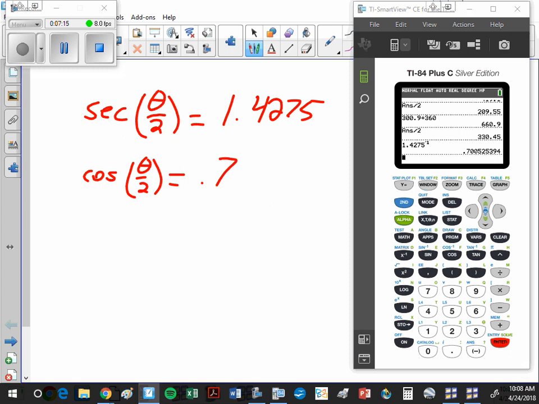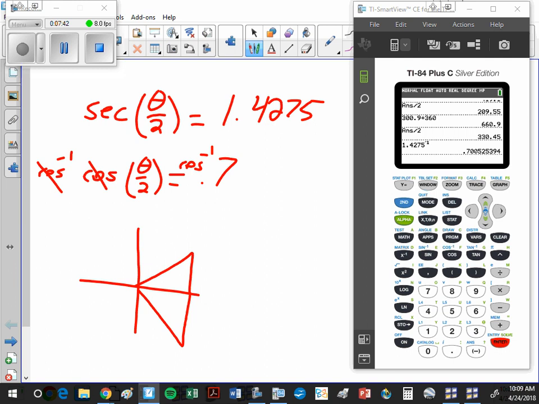Okay? So, where does the cosine equal positive? We will eventually, but last time I did it that way, and I think I confused you guys. So, we're in quadrant 1, or we're in quadrant 4. Okay? So, we're going to take the inverse.